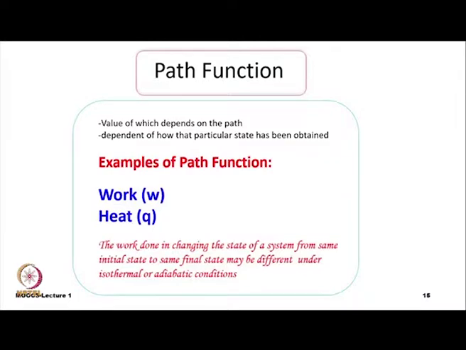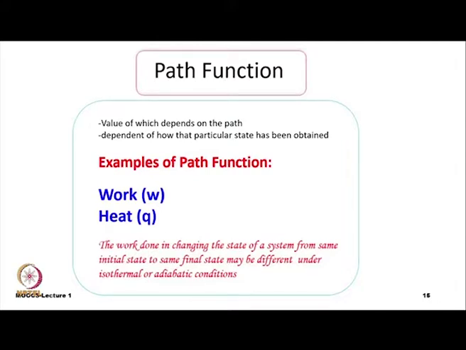There are some other properties which are path functions, and the examples of path functions are work and heat, because the value of the work depends on the path chosen. The value of the heat depends on the path chosen.